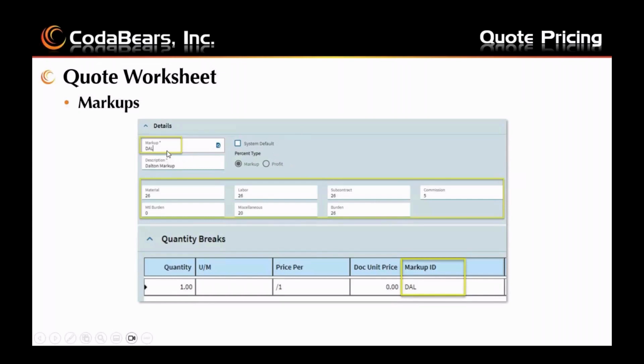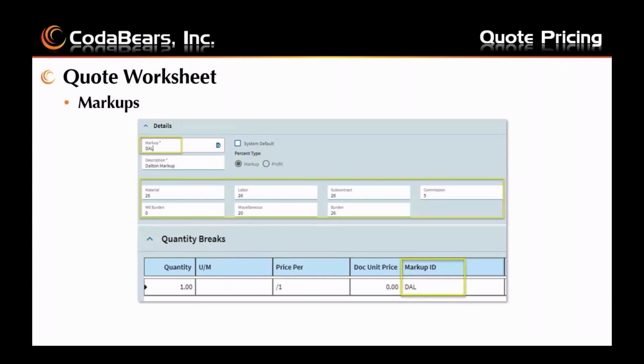So we have set up the Dalton markup, and we set up a markup of 26% on a lot of these different areas and 20% on miscellaneous. And then we set the commission at 5%. And you can also set up quantity breaks on your markups, but we just set it at the 1 quantity break that shows the Dalton markup ID on your worksheet.